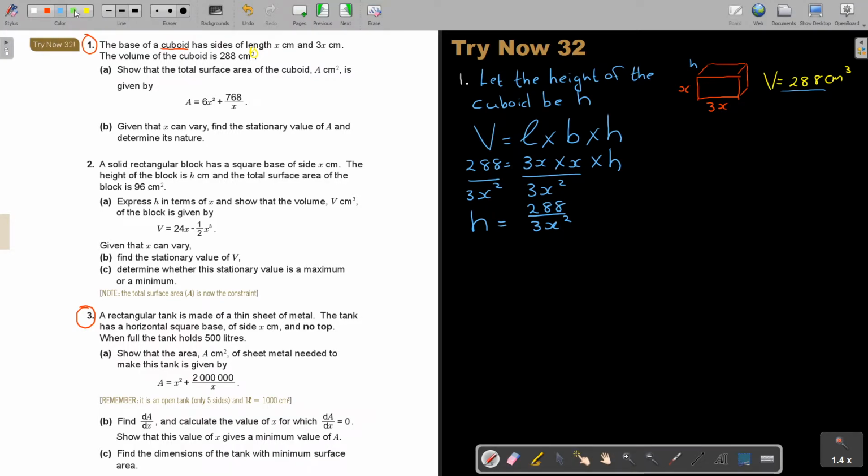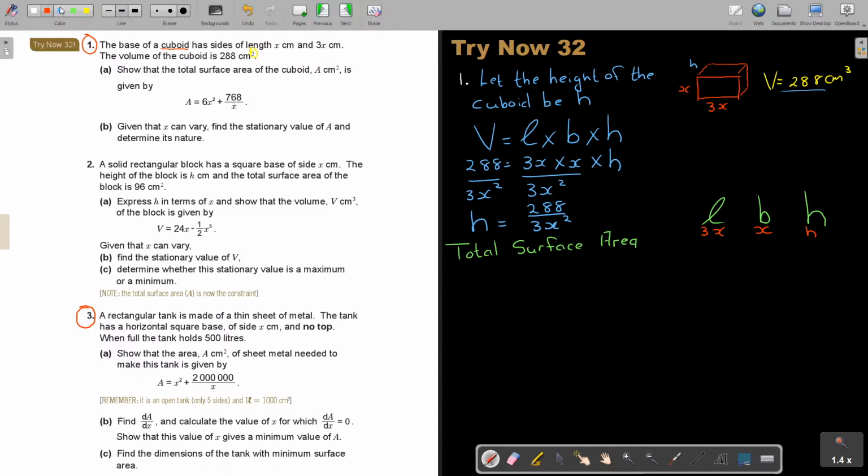Okay. So now we're going to find the total surface area. Now don't forget you have three values: length, breadth, height. So I'm going to write it in: 3x, you have x, and you have h.